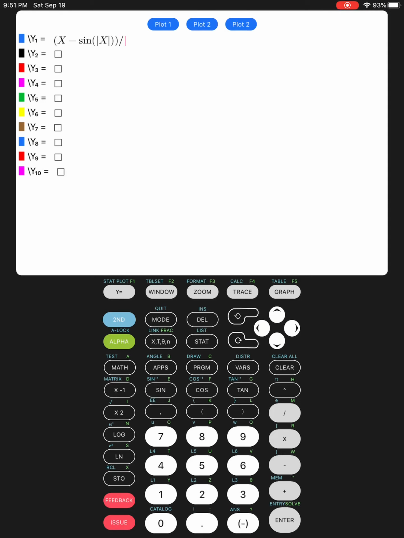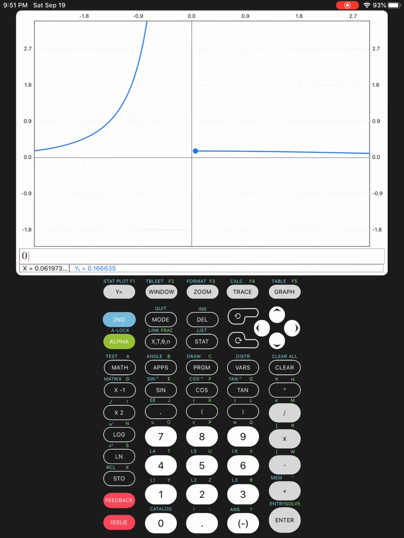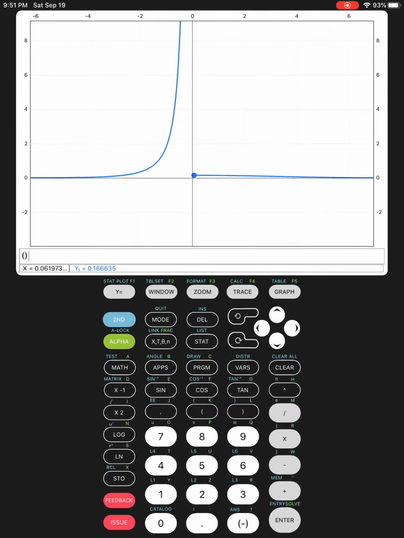That closes out. There we go. One of those is to close off the sine, and one is to close off the top of the fraction. And we want to divide by x to the cube. All right. So now we can go look at the graph.